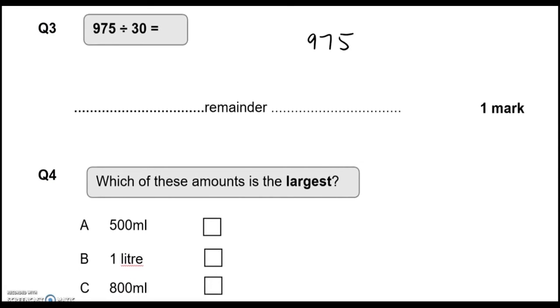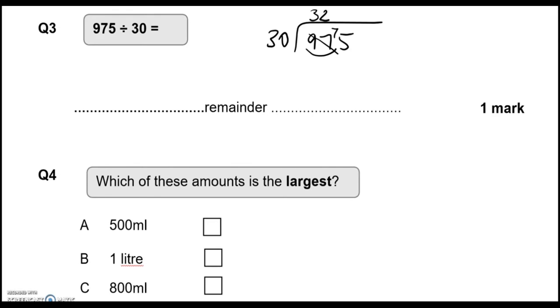975 divided by 30. How many 30s would fit into 97? That would be 3 of them, which makes 90. So we have 7 remaining, and I'll put 3 here. How many 30s into 75?